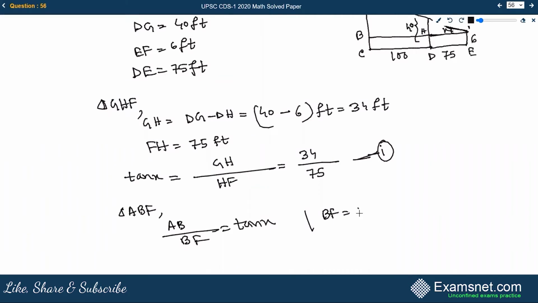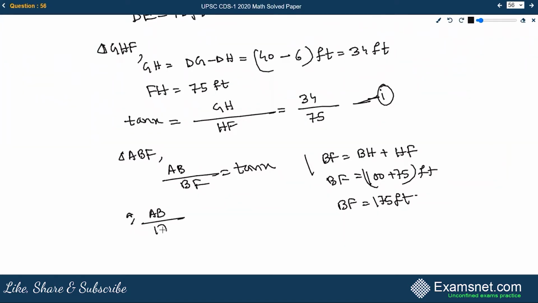BF is equal to BH plus HF, where BH is equal to CD according to the diagram. So we can write 100 plus 75 feet, so BF would be 175 feet. Let's put all the values here.